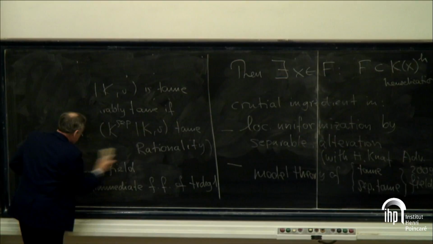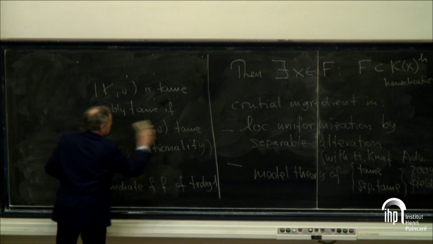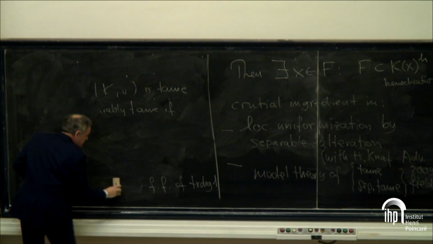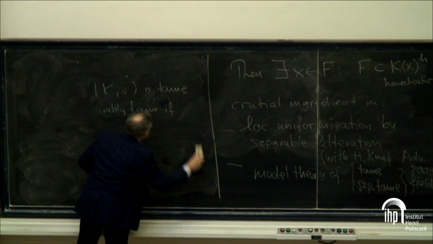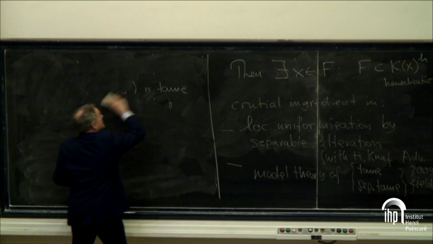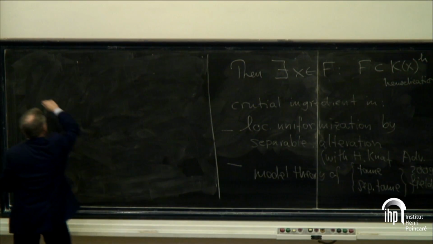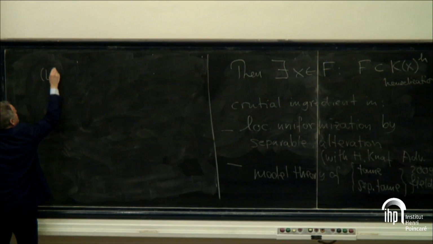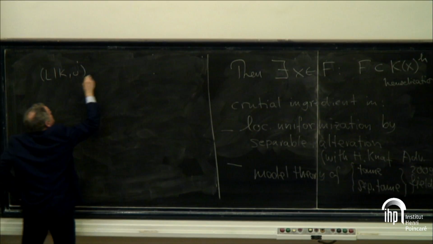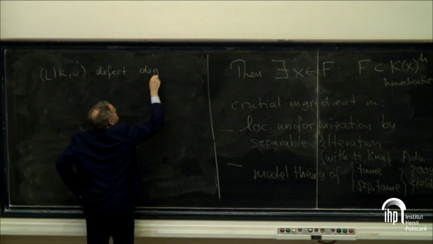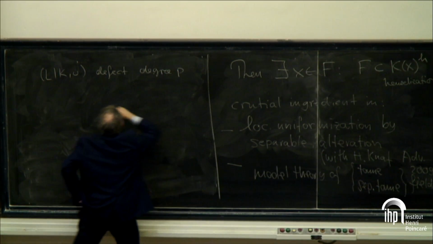So the point is, there was a theorem in that paper in the Illinois Journal which actually connected the classification with, so we learned already, if L over K is a defect extension of degree p, then it follows e and f are 1. So we have immediate.